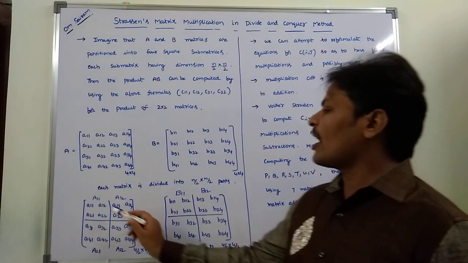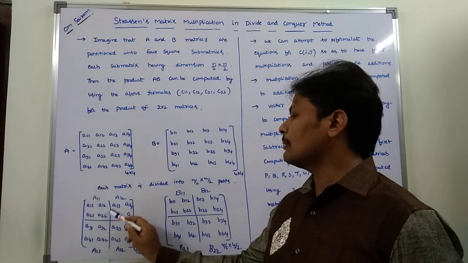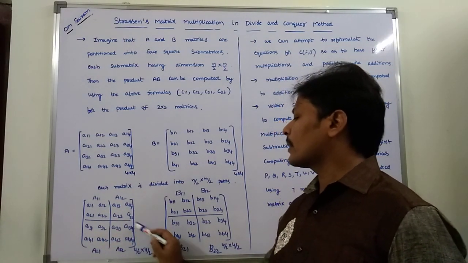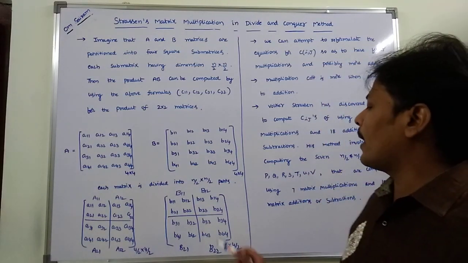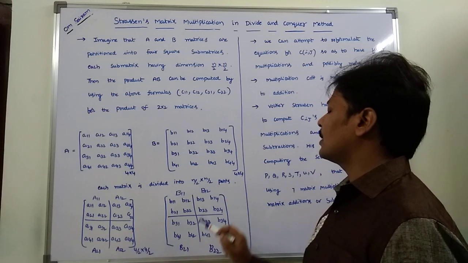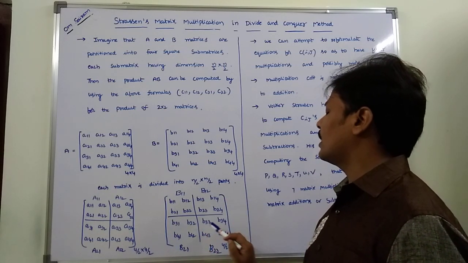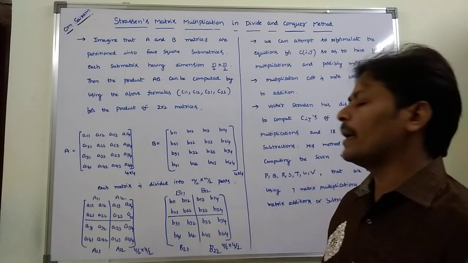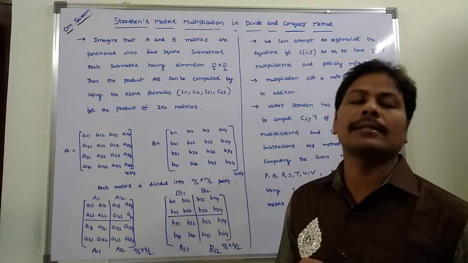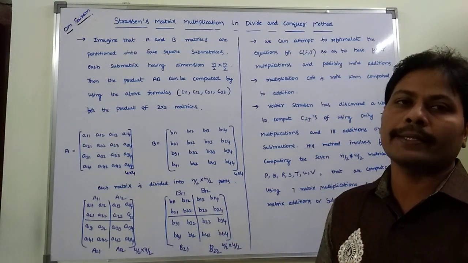The first part is A11, the second part is A12, the third part is A21, the fourth part is A22. In the same way, the first part is B11, the second part is B12, the third part is B21, and the fourth part is B22. Again, the matrices can be formed as 2 by 2 matrices.